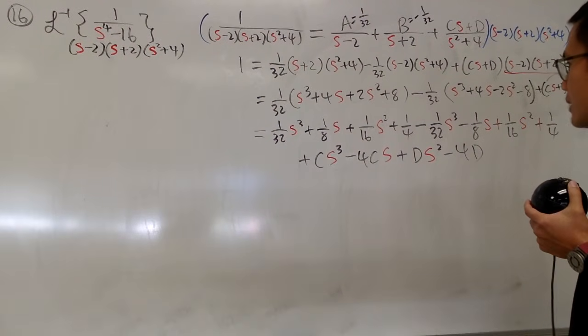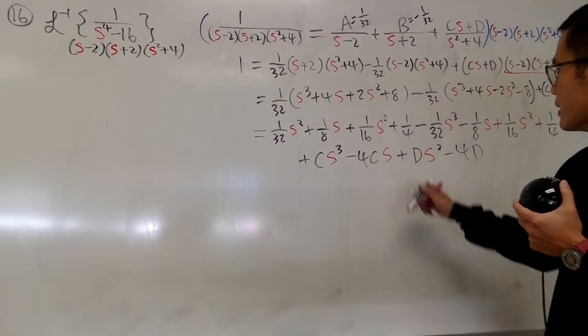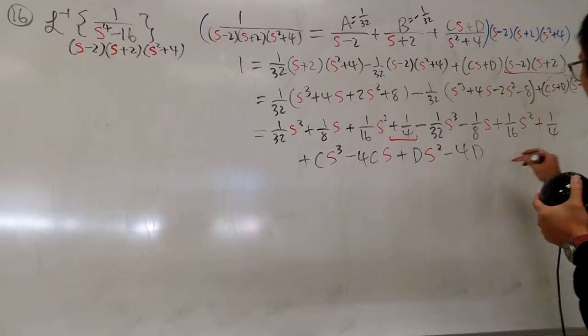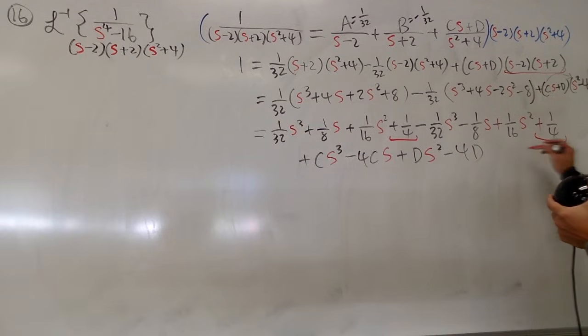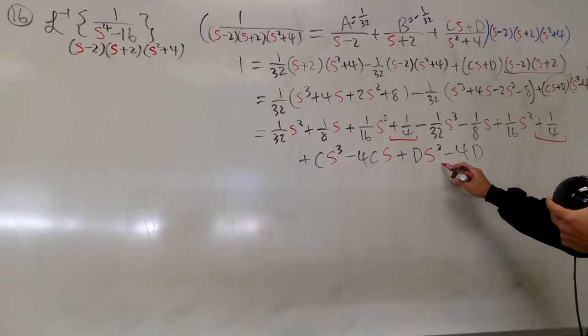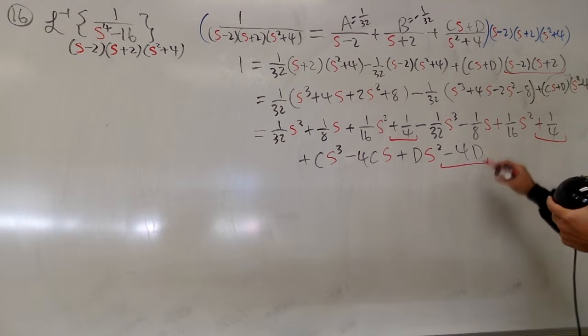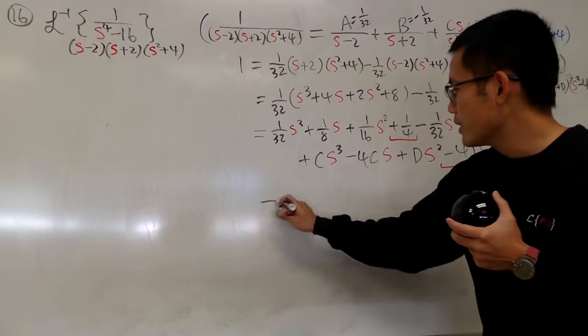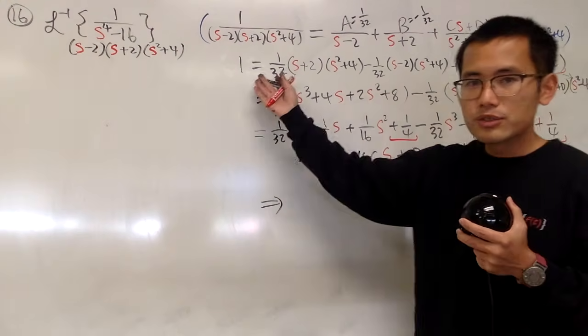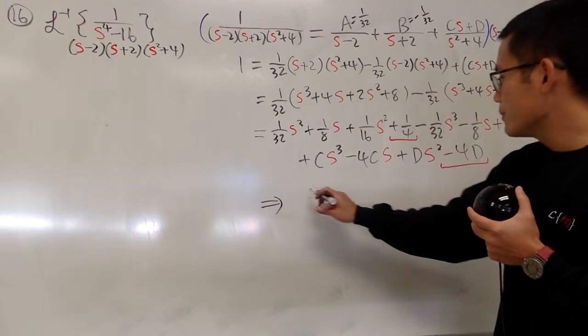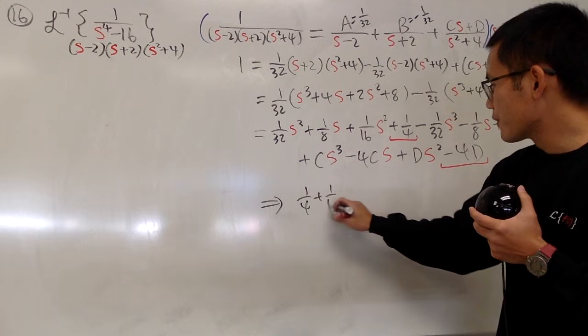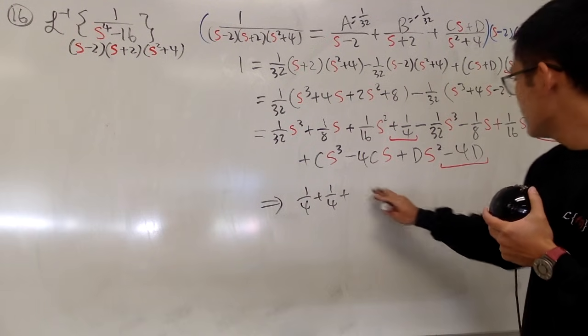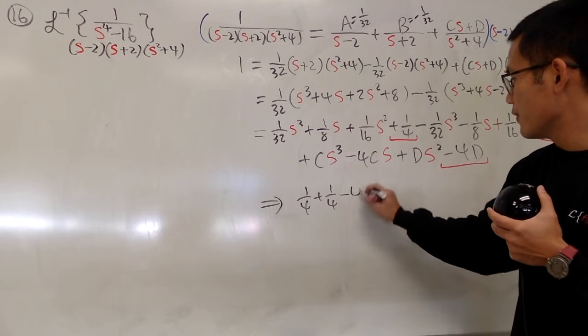So let's see, do we have the constant terms? We do. Here is the constant term, and here is the constant term, and here is the constant term. Based on this, we can conclude that the constant term has to be equal to 1. Therefore, 1 over 4 plus 1 over 4 plus negative 4d, so it's just minus 4d.